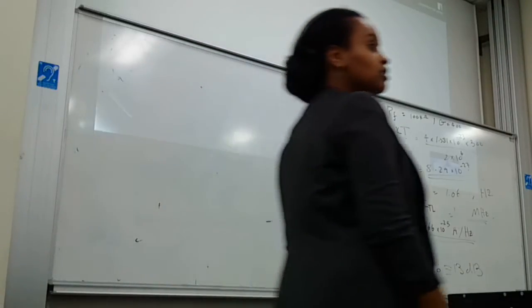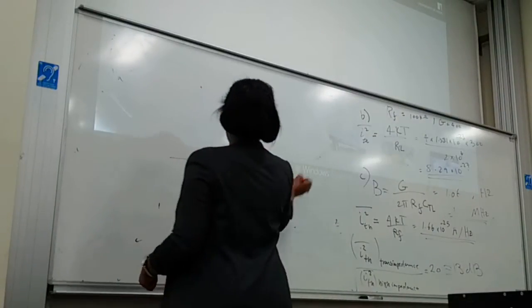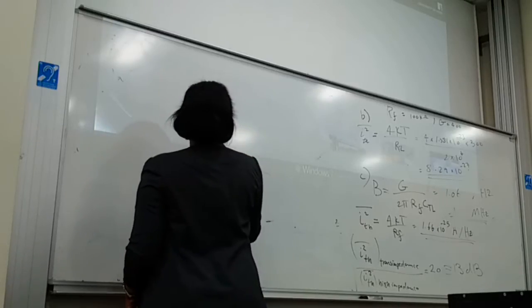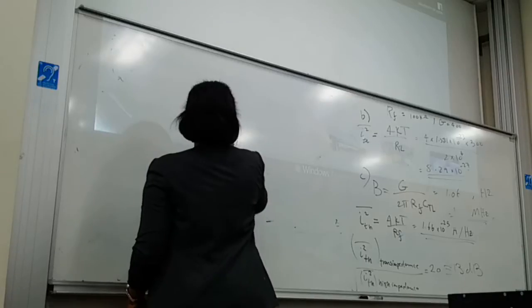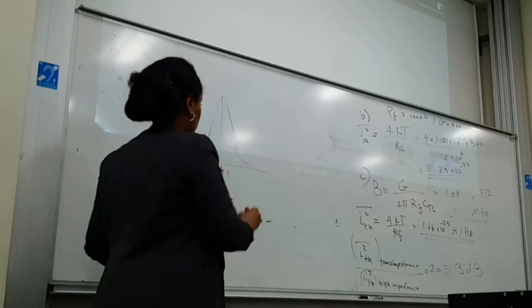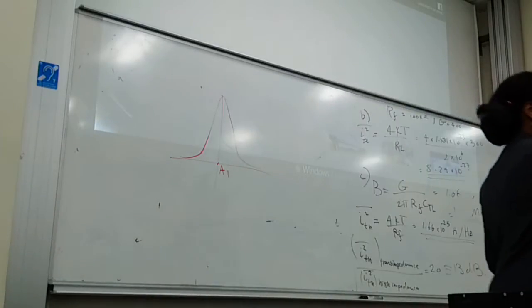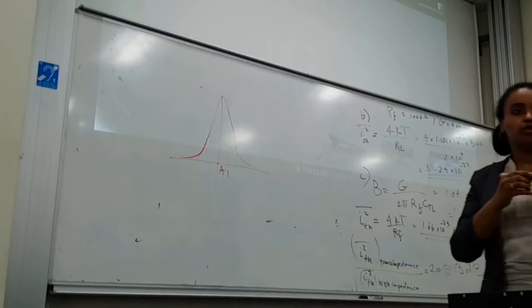It's the noise. Do you remember? We said we have A1, and then we have a Gaussian distribution around A1. We said this is because the accumulated noise from the different sources, according to the central limit theorem, will have a Gaussian distribution regardless of the distribution of each individual source.